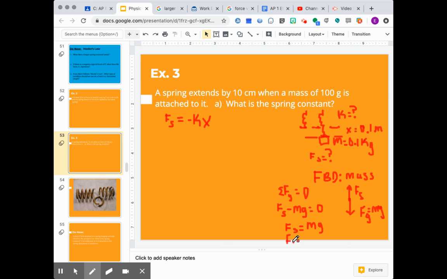So we're going to plug in mass, which we know from above is 0.1 kilograms. We'll multiply that by 9.8 meters per second squared. Our units will become kilogram meters over seconds squared, which is the definition of a Newton.